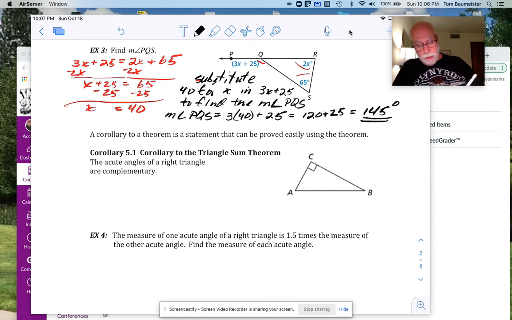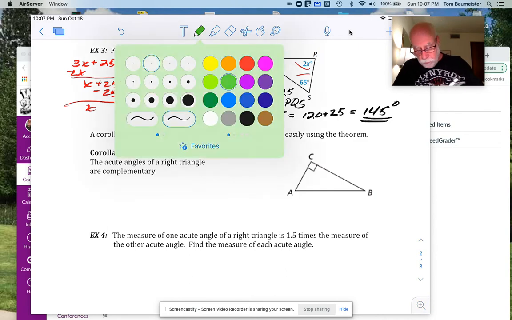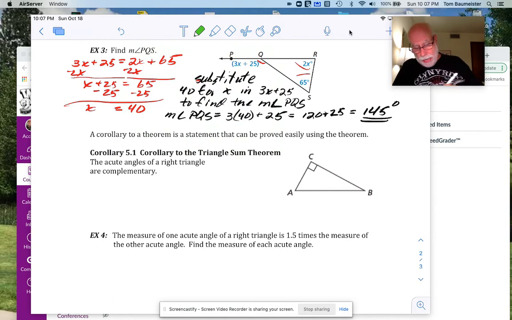Well, that should make sense here, right? Because if angle C is our right angle, then we know that these two also have to equal 90 degrees. So remember, the definition of complementary is 90 degrees. So that tells us that the measure of angle A plus the measure of angle B is equal to 90 degrees.